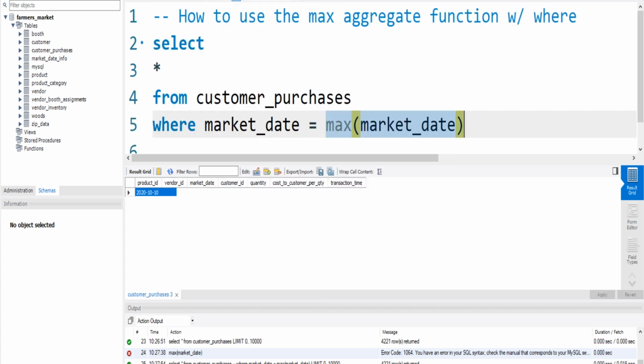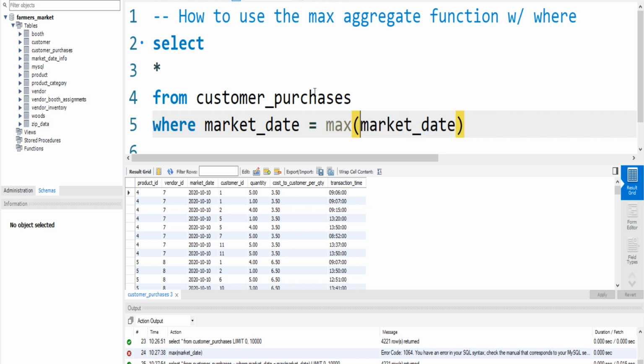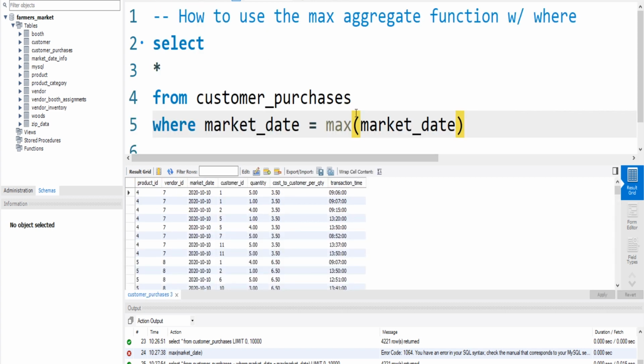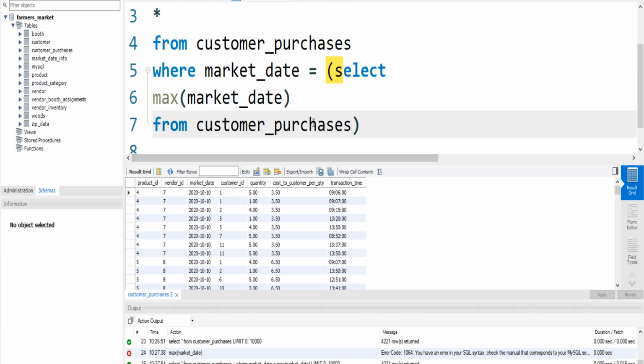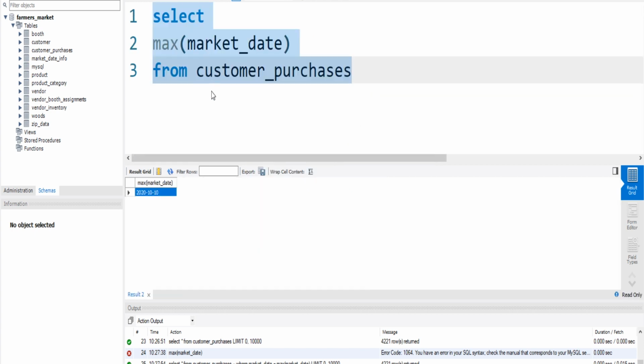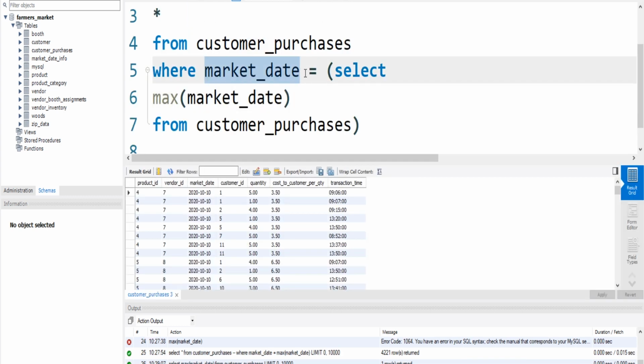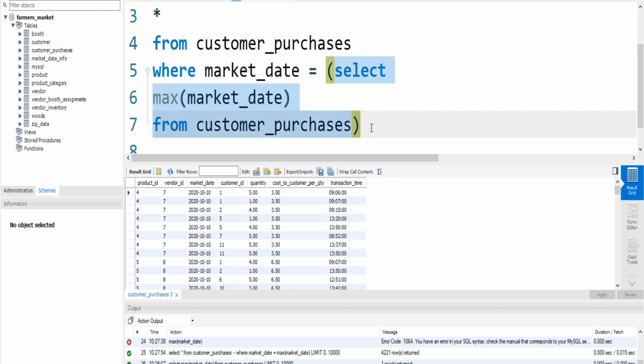Since this output is what you're desiring, your input is your answer. This is the way in which you do this: you literally replace this, since your output is the desired one, by putting in a subquery. Let's look at this again. This query gets us the output we desire, so we want this to equal this output.